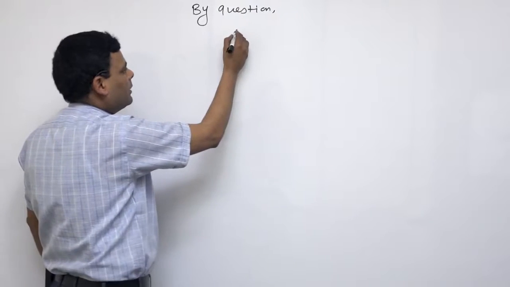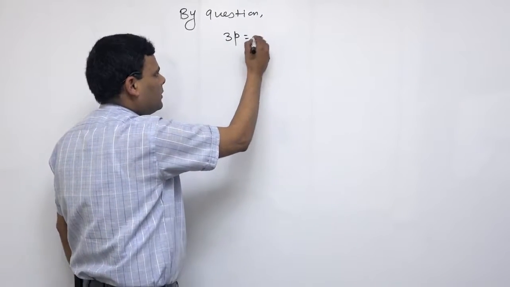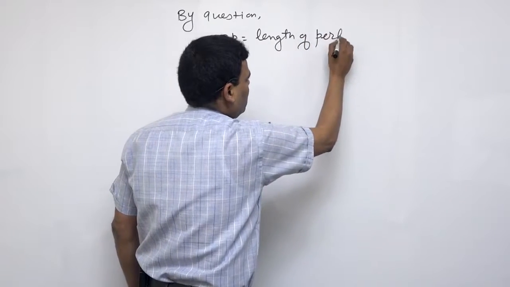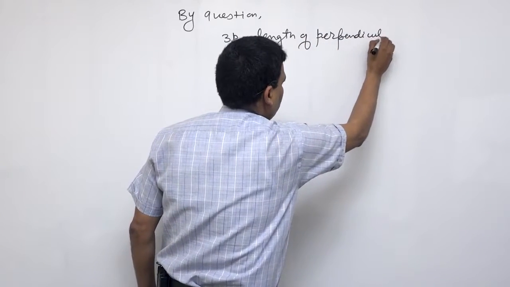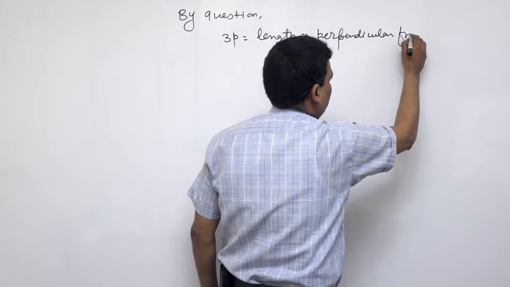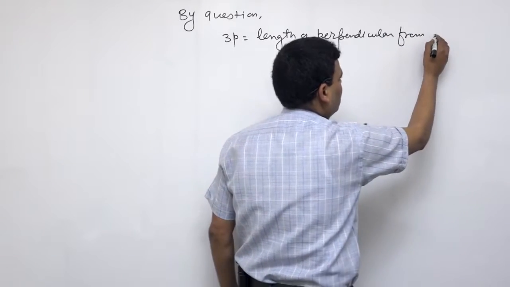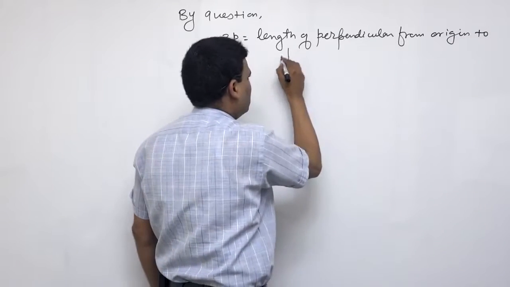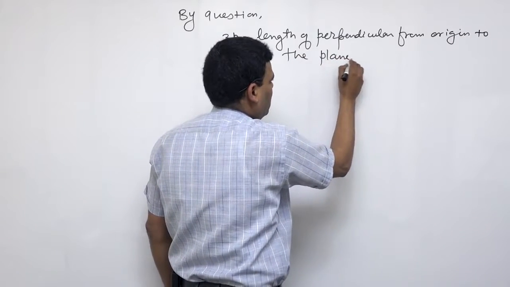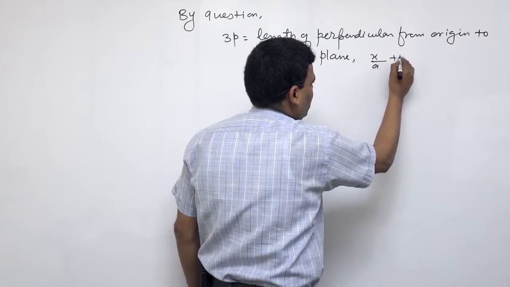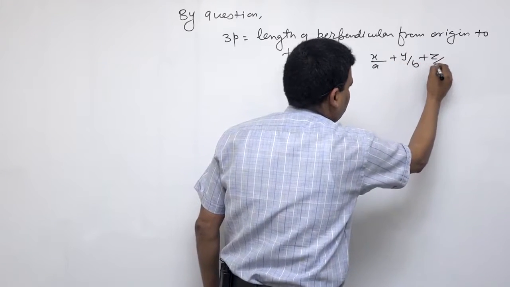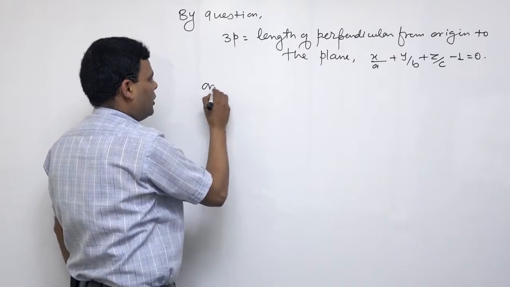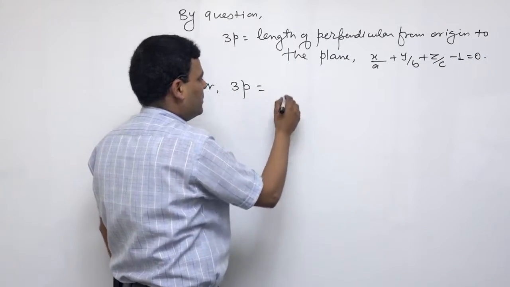By the question, 3p equals the length of the perpendicular from the origin to the plane x by a plus y by b plus z by c minus 1 equals 0.